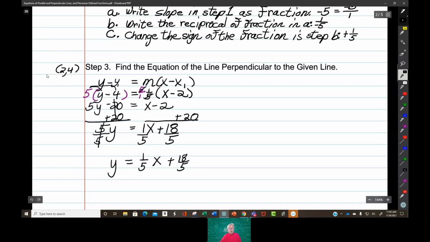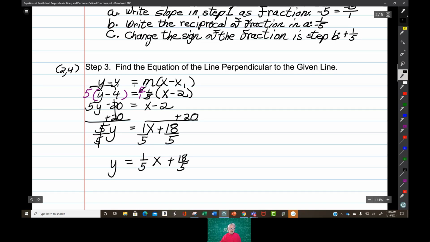Notice you're already given a point. This line we're finding goes through that point. So x1 is 2 and y1 is 4.